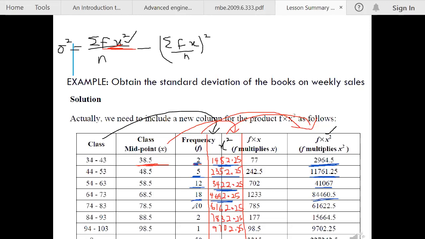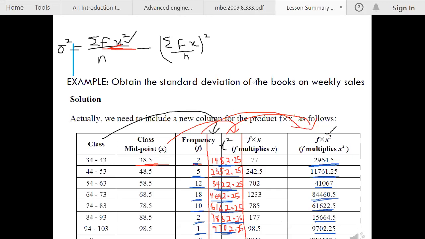Okay, 10 times this should give this. Then we have 2 times this should give us that. And then finally we have 1 times this should give us this. So that is how you get your f times x squared.